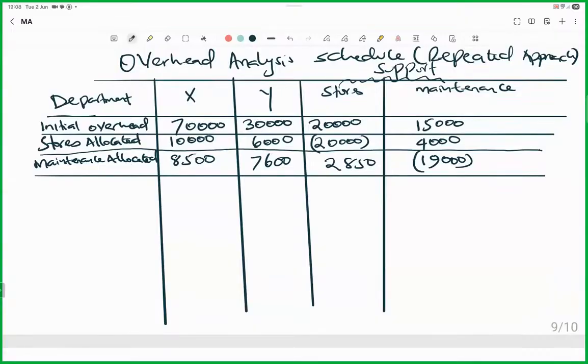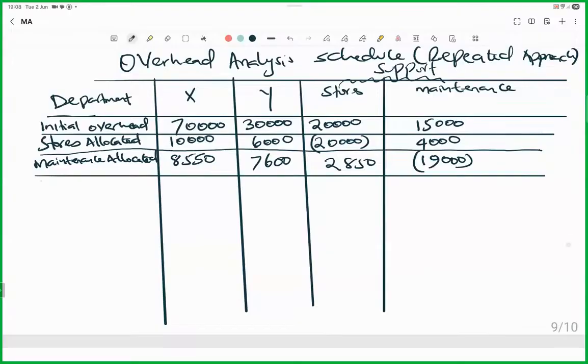Sorry for that. Ooh, things have happened. What do you think has happened, which you must correct? Stores again, which is a support department, has gotten some money. We don't want it to have any money, but because it's repeated distribution, we shall continue repeating like that until we get 0 point something.